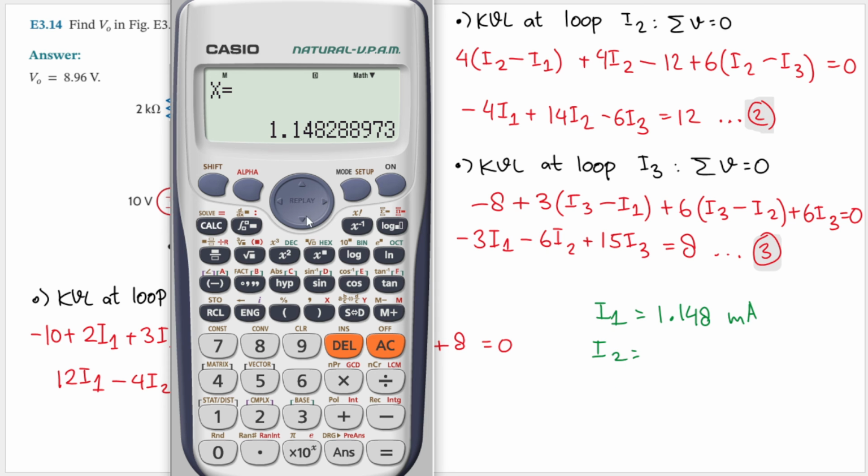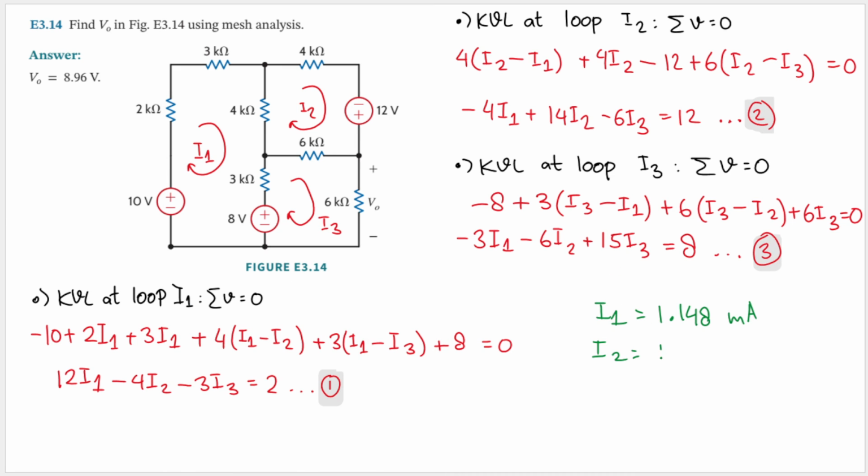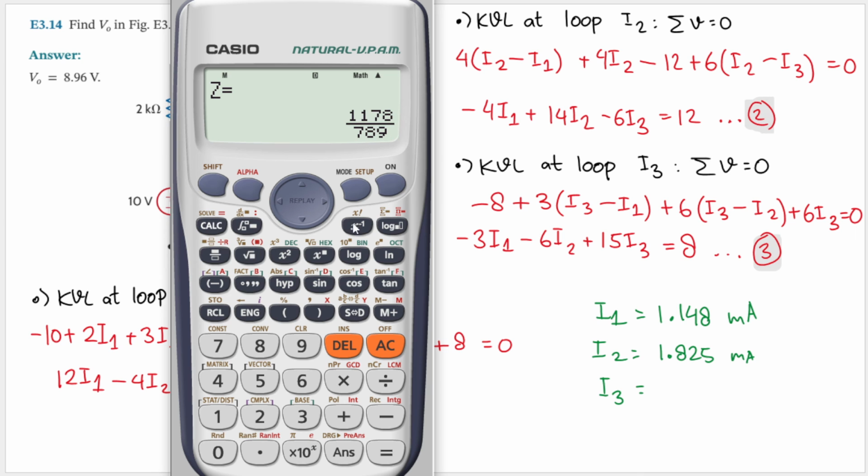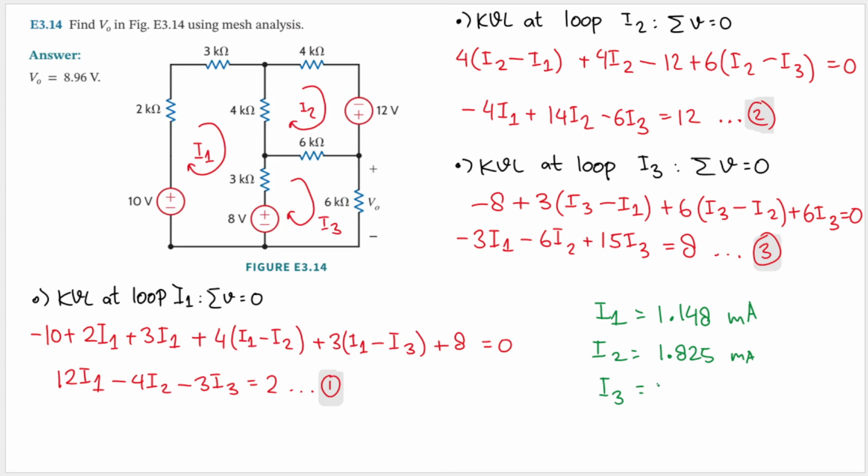I2 is the Y value, so I'll have 1.825 milliampere. And then what is I3? I3 is the Z value, which is 1.493 milliampere. However, the question does not ask about I1, I2, and I3, but it asks for V0.